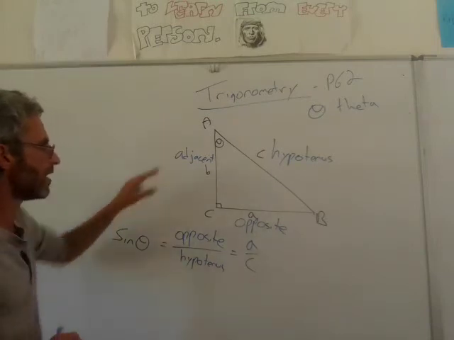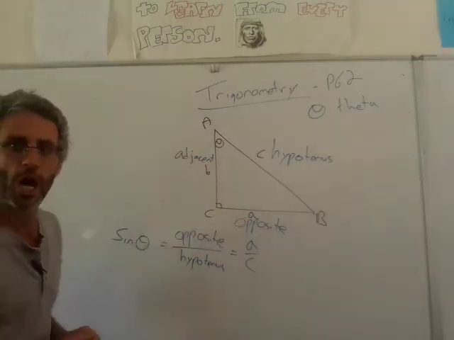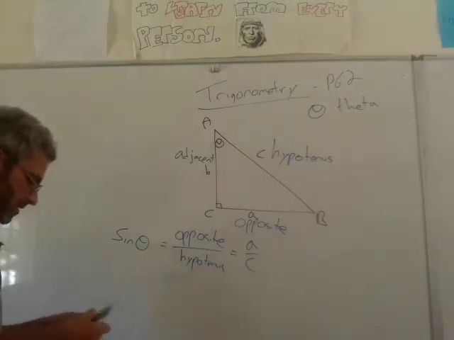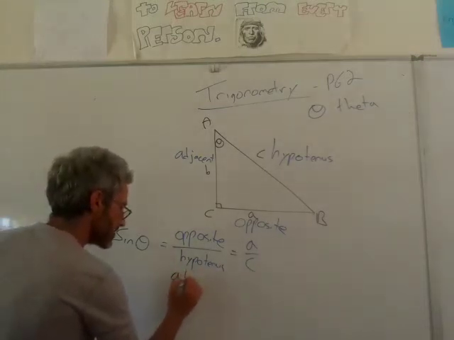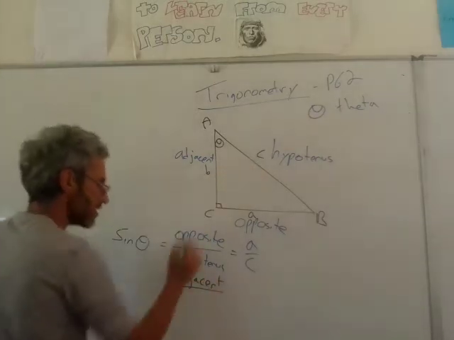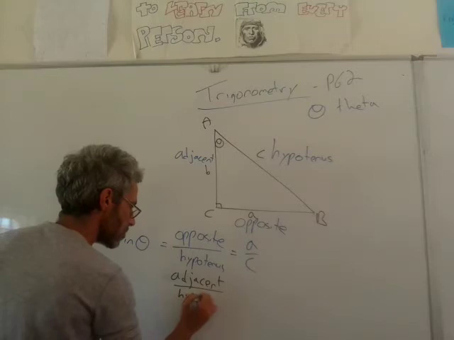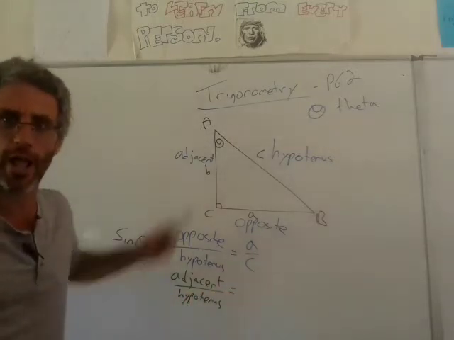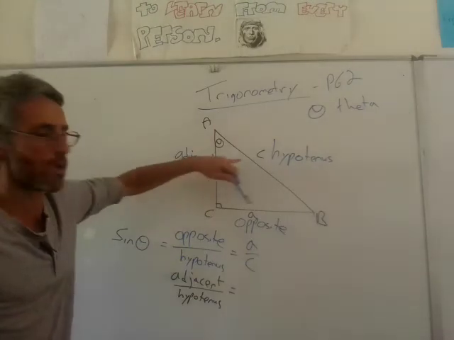Now, what if instead of the opposite, I want to look at the adjacent? The adjacent divided by the hypotenuse. In the language of this triangle, it's going to be b over c.